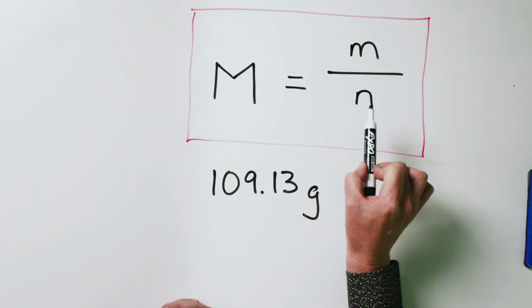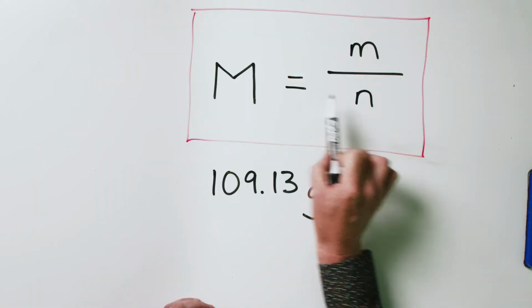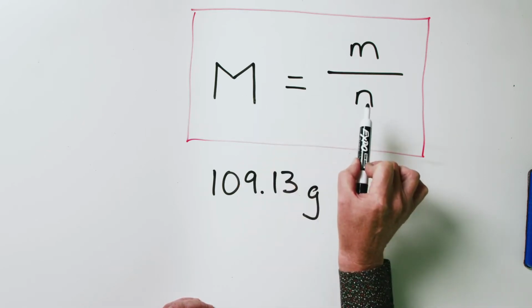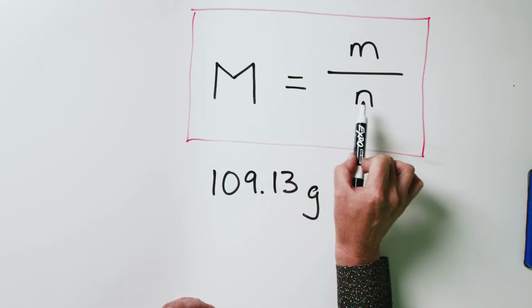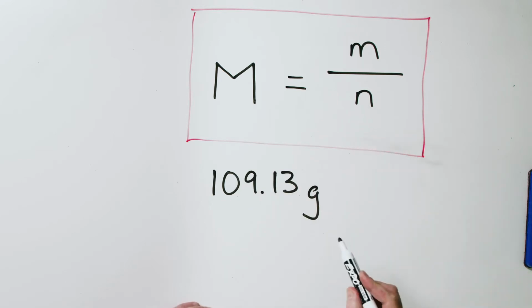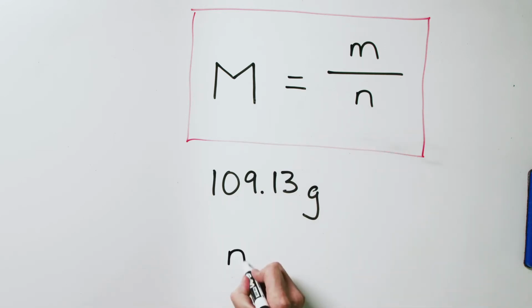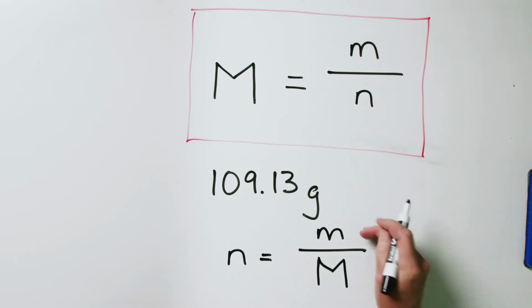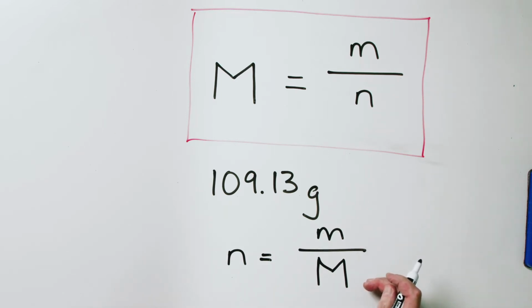What we're going to be doing is multiplying both sides by little n and dividing then both sides by big M. Okay? And if we do that, then we're going to find that n, which is what we want, is equal to little m divided by big M. Don't get your little m's and big M's mixed up. It's easy to do. Remember, little m is mass, big M is molar mass.